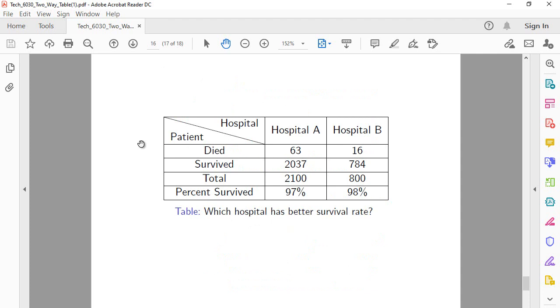So again, here I didn't divide the patients according to poor versus good condition, and without dividing the patients into two groups, we see that hospital B has a better survival rate.